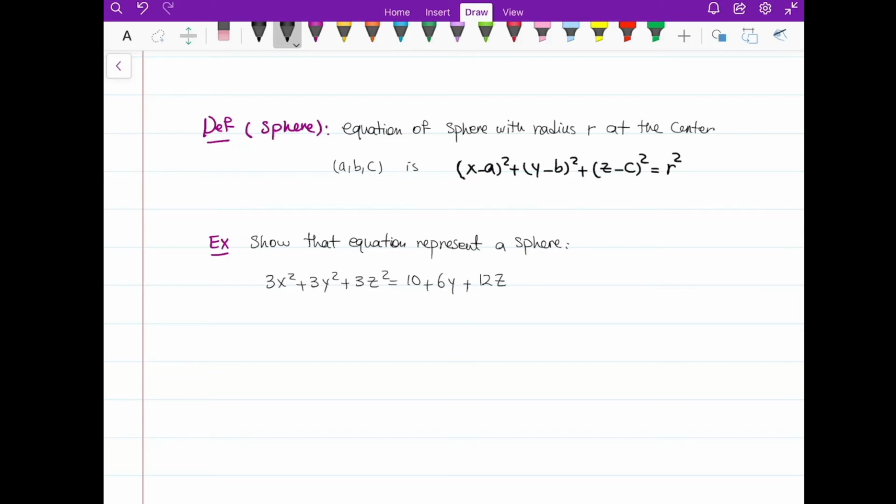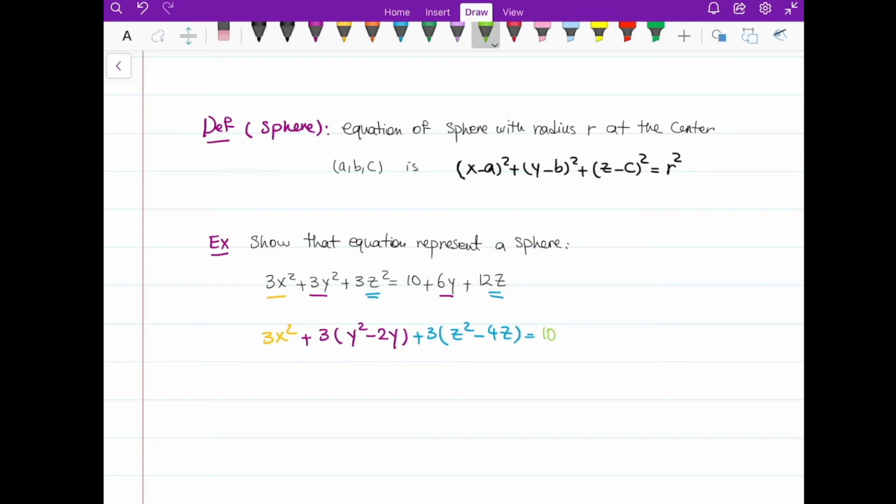I'm gonna bring all the x's in one side, so I just have one x. Then I'm gonna bring all the y's on the other side, and I'm gonna factor out the 3, 2y actually. And then all the z's in one side, so plus 3, I'm gonna factor out the 3, minus 4z, and it's equal to the number 10.